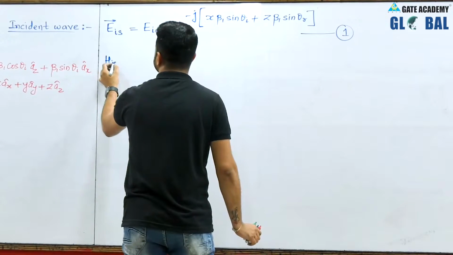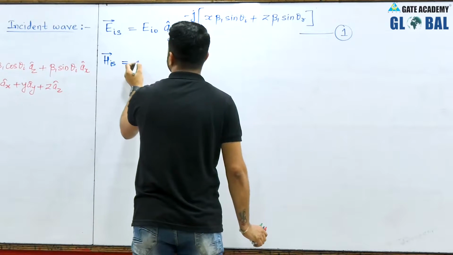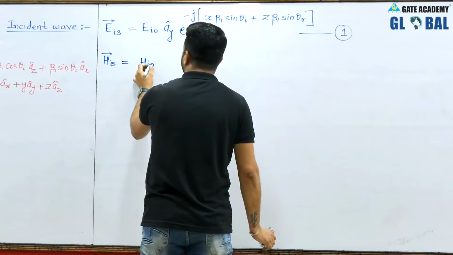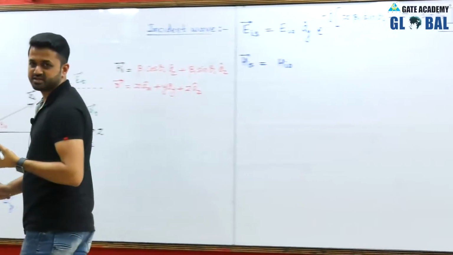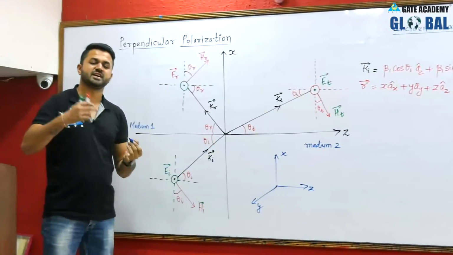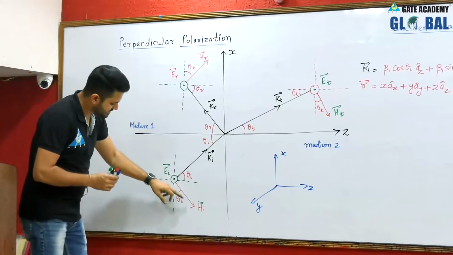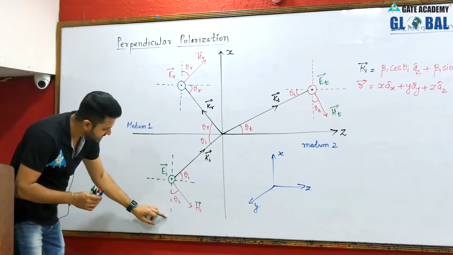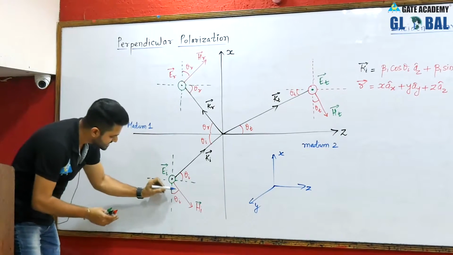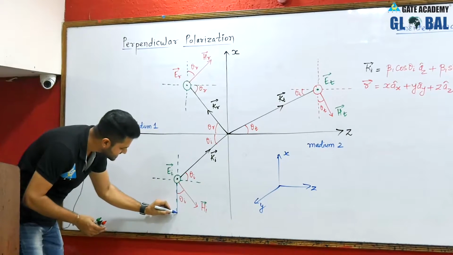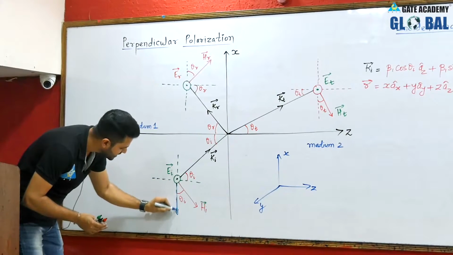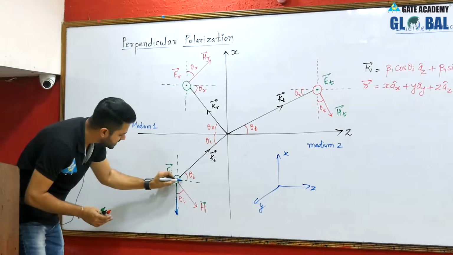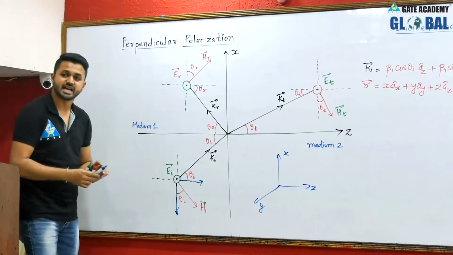So the magnetic field HIS is equal to, the peak value is HI naught. Now let's resolve this magnetic field, because this magnetic field has two components. So the cos component is in the negative x direction. You can see that this is the magnetic field direction and this is the cos component. It is moving in the downward direction and it is showing the positive direction, the sin component.